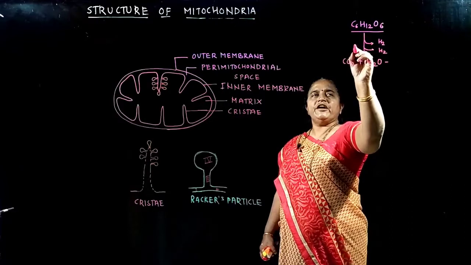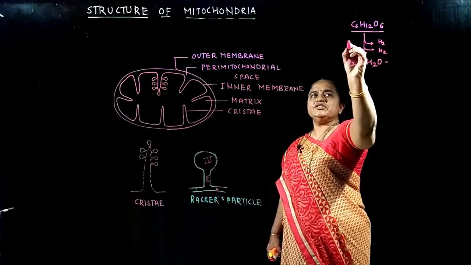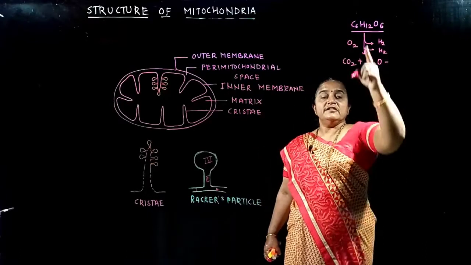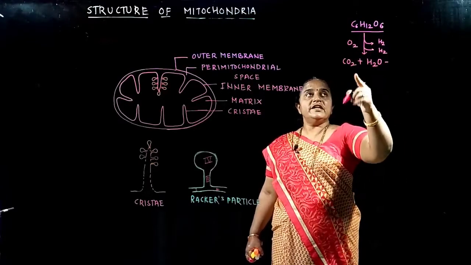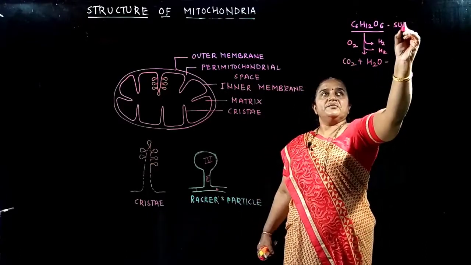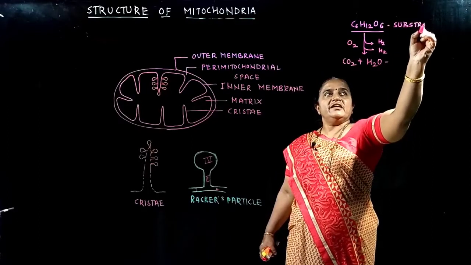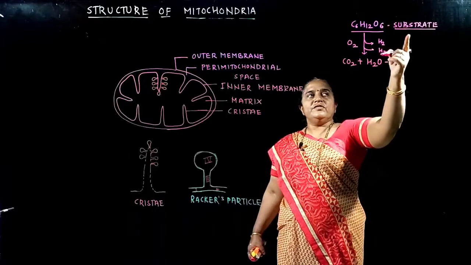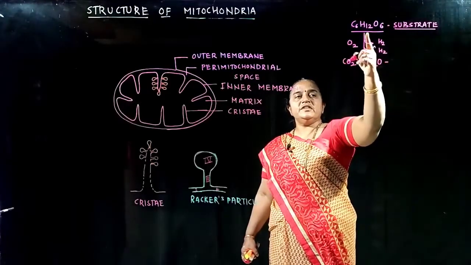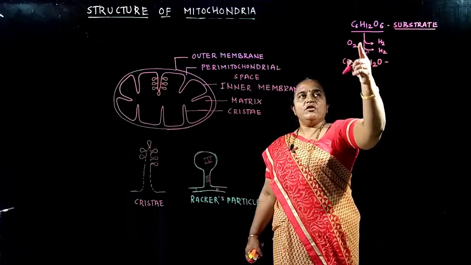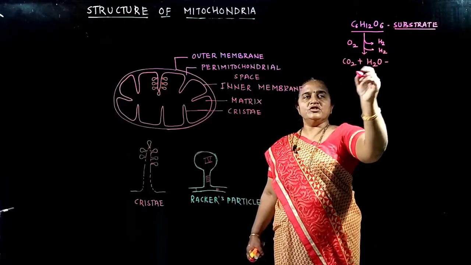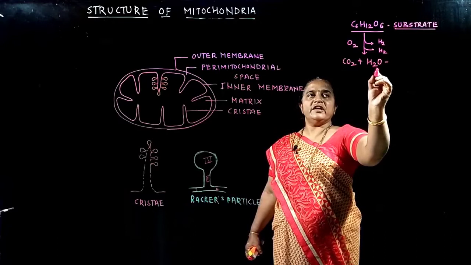For this liberation of hydrogen, a process we call oxidation, the cell utilizes molecular oxygen. This we call cellular oxidation of the substrate. Here the substrate taken is the glucose molecule. It is a carbohydrate. So when the substrate glucose, which is an energy producer, undergoes oxidation in the presence of oxygen, it liberates hydrogen, giving end products carbon dioxide and water.